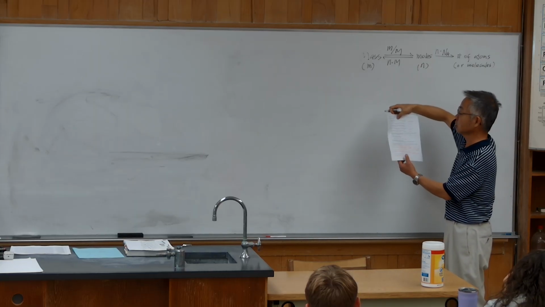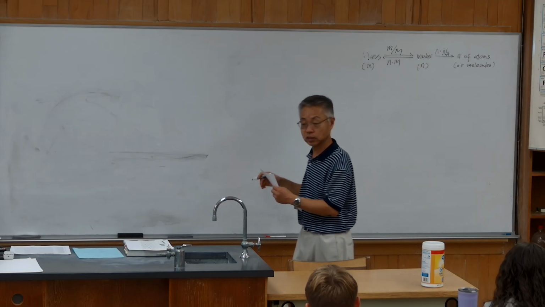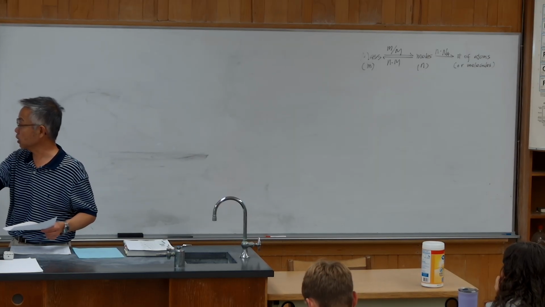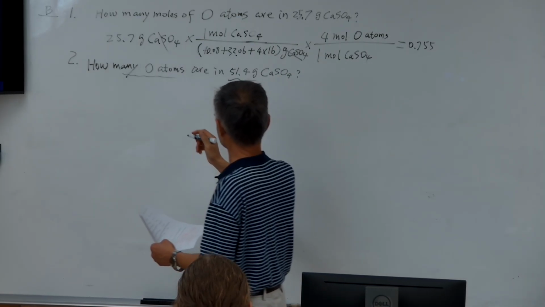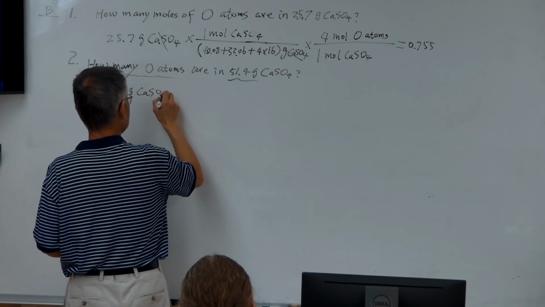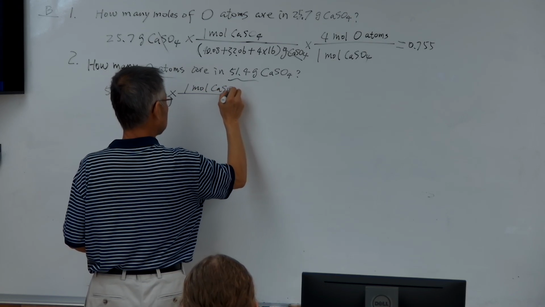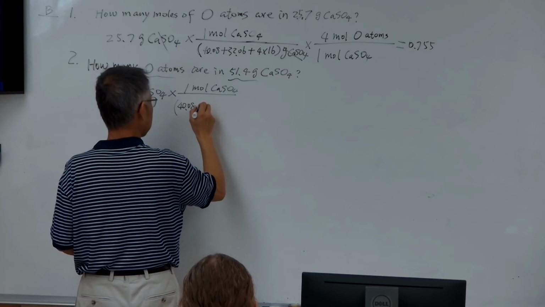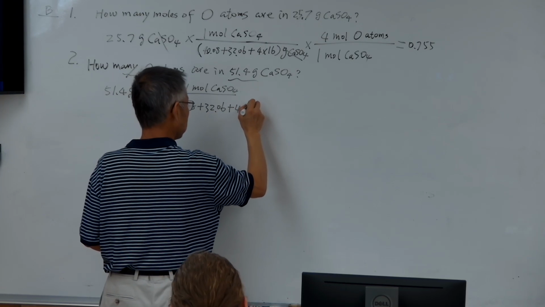Avogadro number Na, I provided on the top of this sheet, 6.022 times 10 to the 23rd power, right? So according to this, the mass first converts to moles: 51.4 grams divided by molar mass. Again, use this formula: 40.08 is calcium, sulfur 32.06, oxygen 16 times 4.